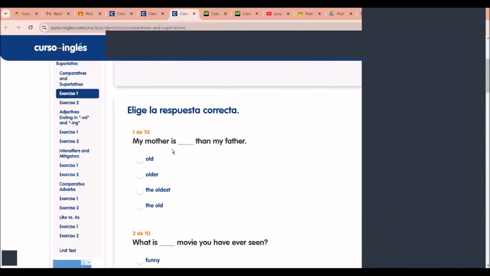My mother is the oldest than my father. All right. Two people or more than three people? Two. Okay, what do we use for two people? ER or EST? ER. So which one do we need? Older. My mother is older than my father. Good.